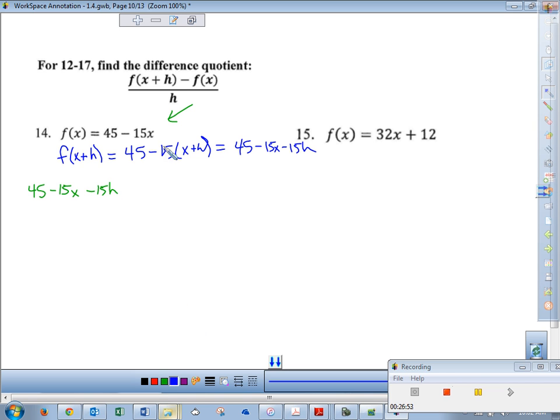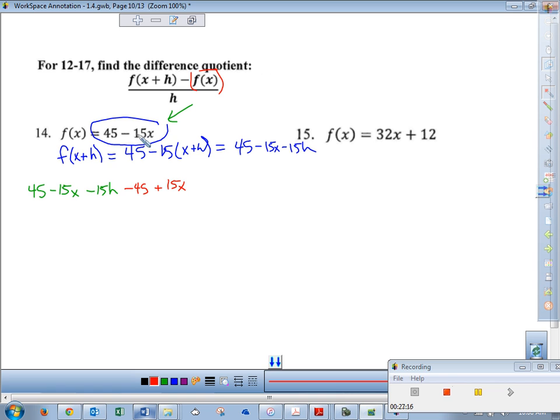Then whatever f of x is, since you're subtracting it away, it's the opposite of all those signs. So it will be minus 45, minus 45 plus 15x. Is everyone down with how I get that red thing by changing the signs? Because you have minus that entire function, which is in parentheses.